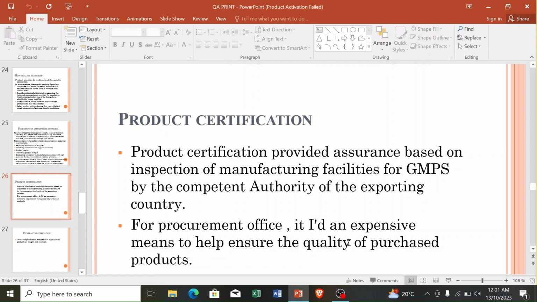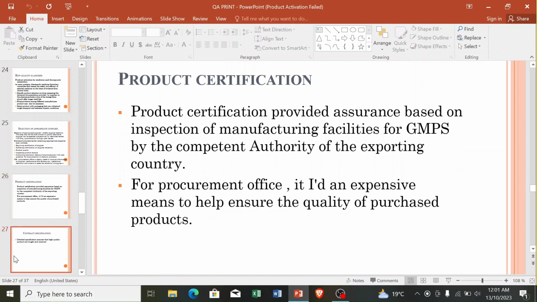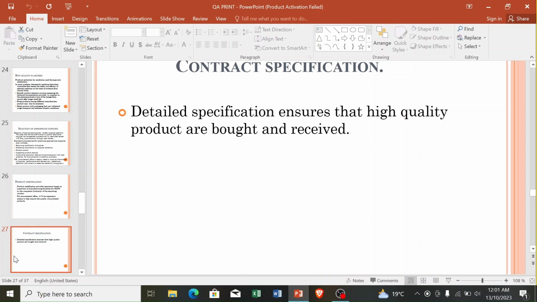Okay, so we see that product certification provides assurance based on inspection of manufacturing facilities for good manufacturing practices by the competent authorities of the exporting country. For a procurement office, it would be an expensive means to help ensure the quality of the purchased product. Okay, so there is need to have these certificates for these goods or raw materials, the products you form. Make sure you have a certificate for it.